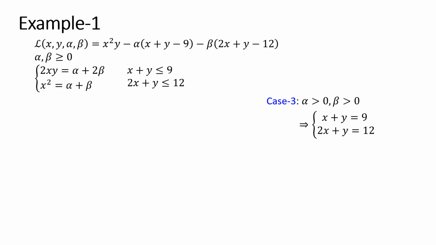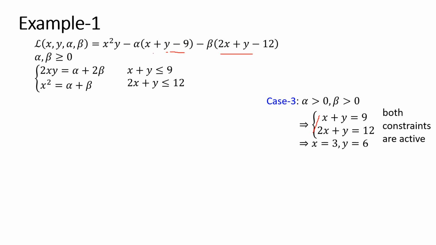Case 3 is when both alpha and beta are greater than 0, which means that both the constraints are active. x plus y is equal to 9 and twice x plus y is equal to 12. So we get both these expressions, which correspond to the active constraints.